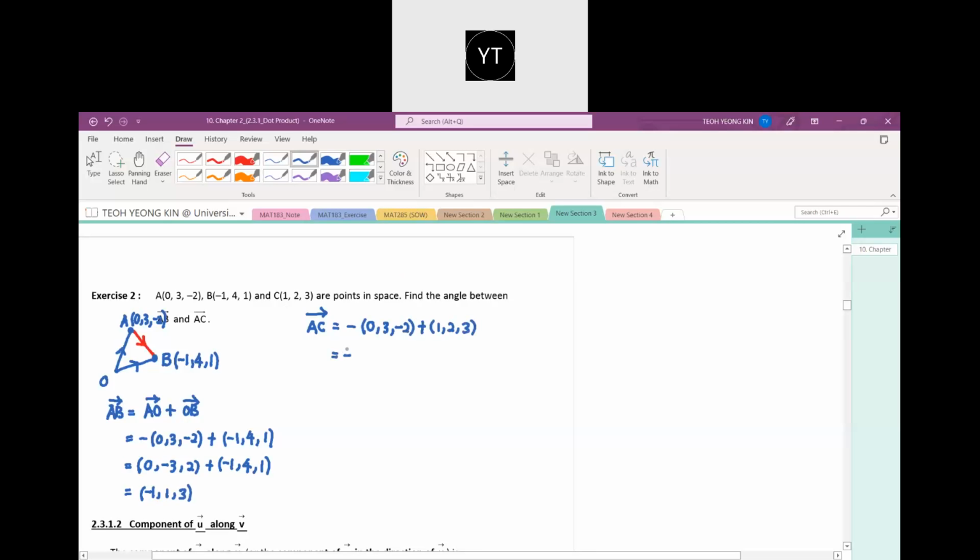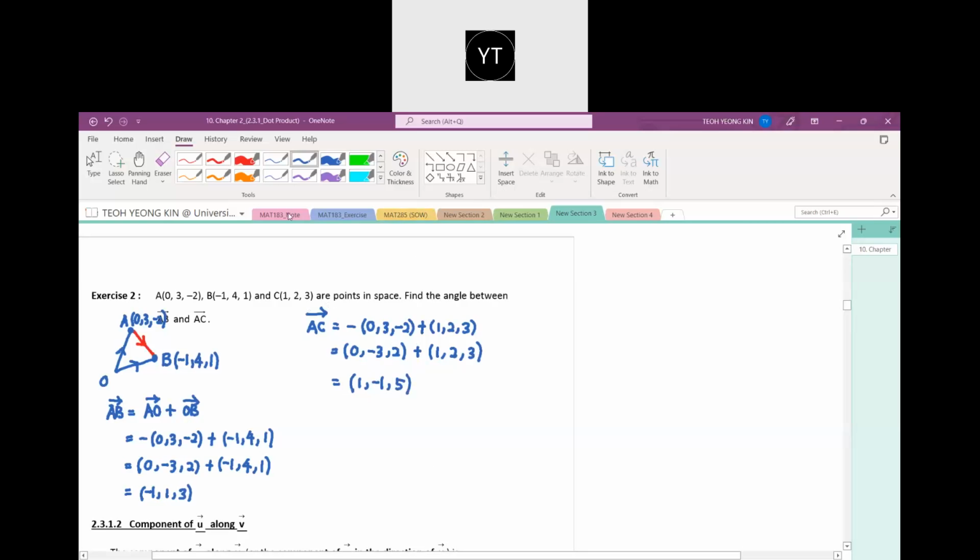Here it remains 0, negative 3, and positive 2, plus 1, 2, and 3. So 0 plus 1 is 1, negative 3 plus positive 2 is negative 1, 2 plus 3 is 5. So this is the vector AC.